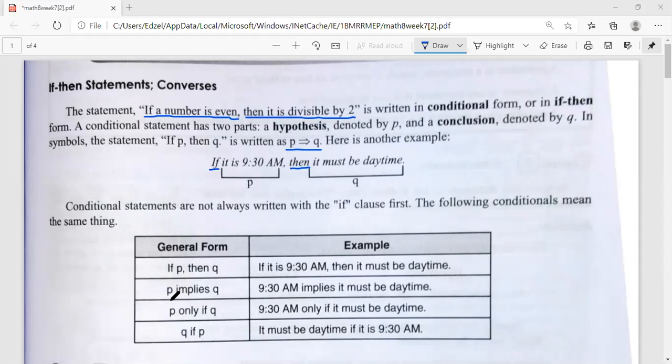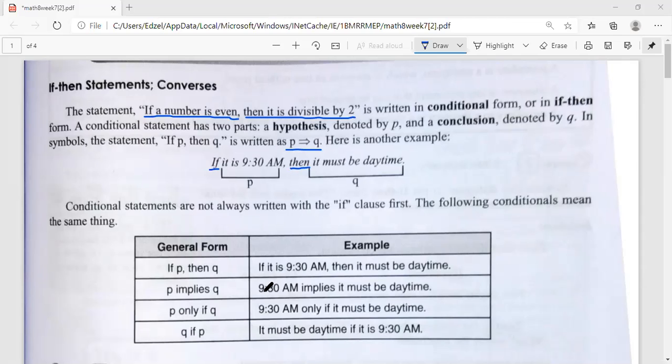Alright? Pwede rin na P implies Q. So like, 9:30 a.m. implies it must be daytime. So if you notice, no if word.